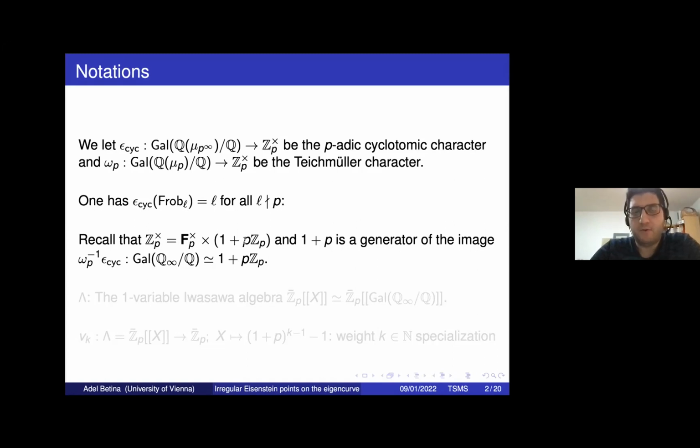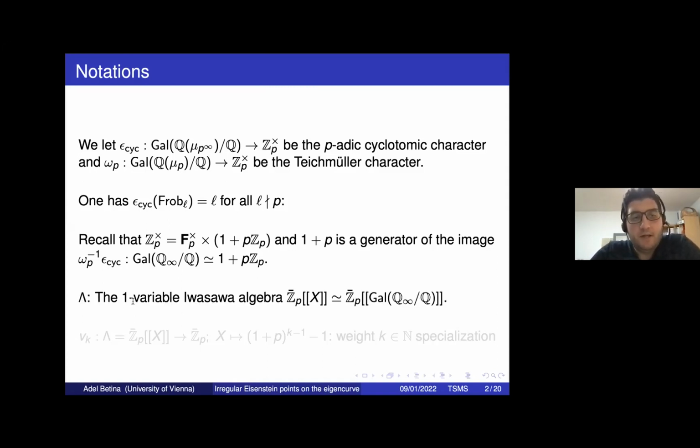This is itself a pro-p group isomorphic to Zp. If you take, for example, the p-adic logarithm, you will get pZp, and you divide it by p, you normalize it by p, you get Zp. And 1 plus p is a topological generator here. And the Teichmüller character is just the cyclotomic character post-composed with the projection to the discrete part.